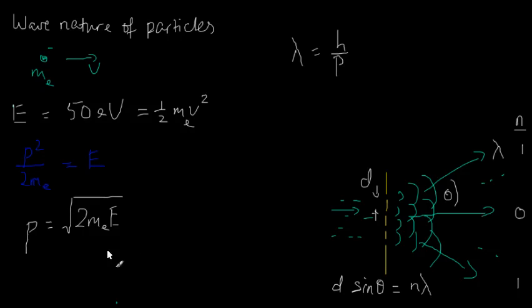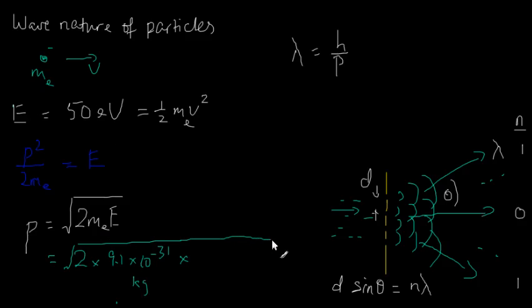And we can find p because we know me. me is 9.1 times 10 to the power minus 31 kilograms, and E is 50 eV.